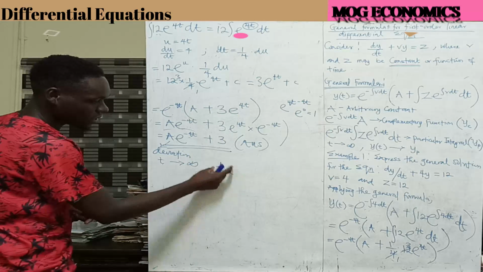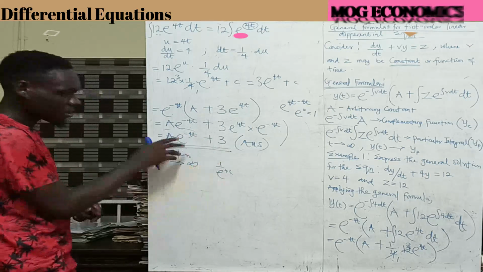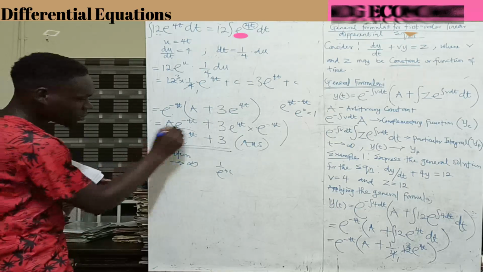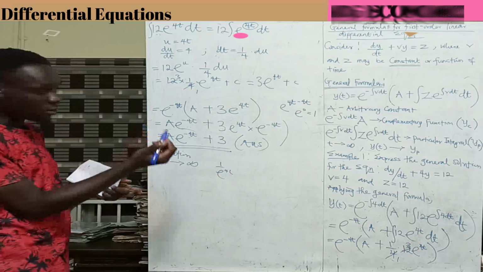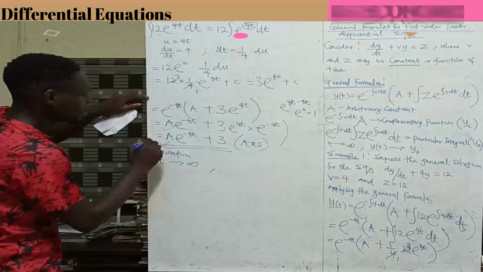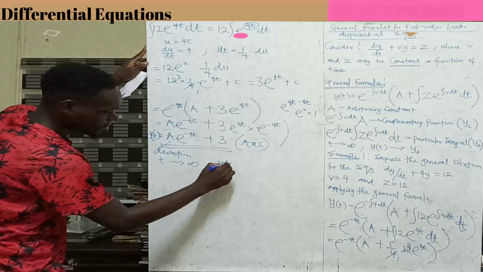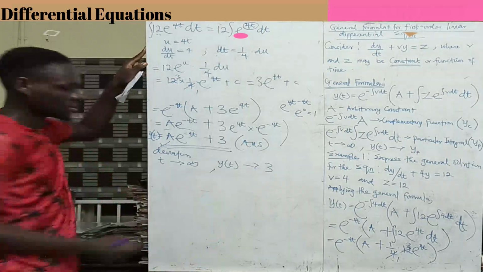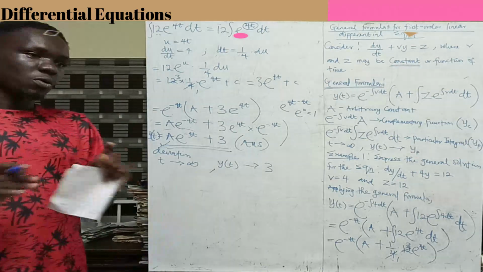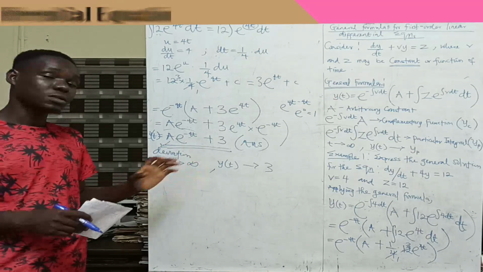Then this keeps getting bigger and bigger, and this whole expression will continue to decrease, and this whole term here will approach zero, until our function approaches 3, which is our particular integral. So that's only when we can consider this differential equation to be stable.